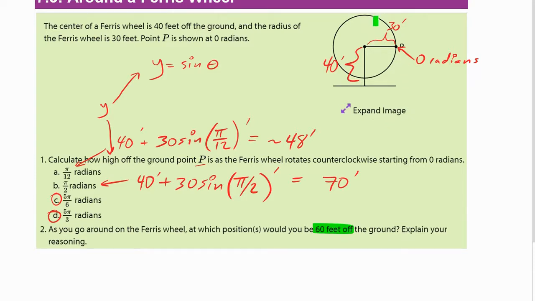So does everybody agree that half of 30 is 15? But we want 20. So it's going to be somewhere here and somewhere here, because you need at least 40 plus 20, right, in order to get 60 feet. Does that make sense? So somewhere around here and here.